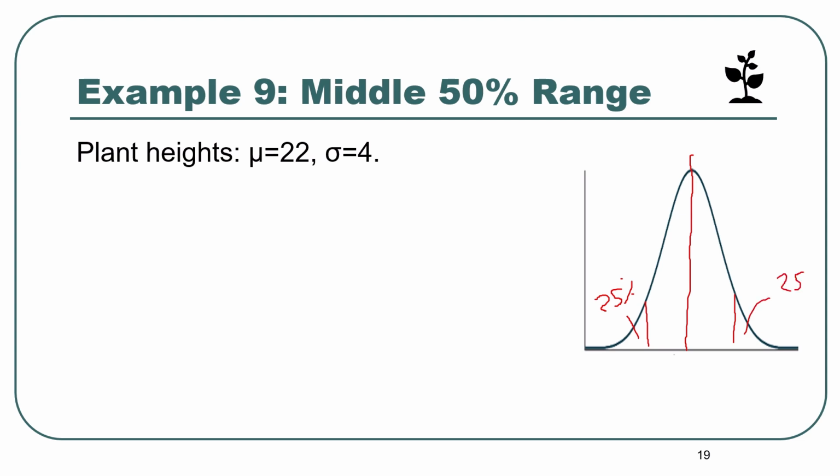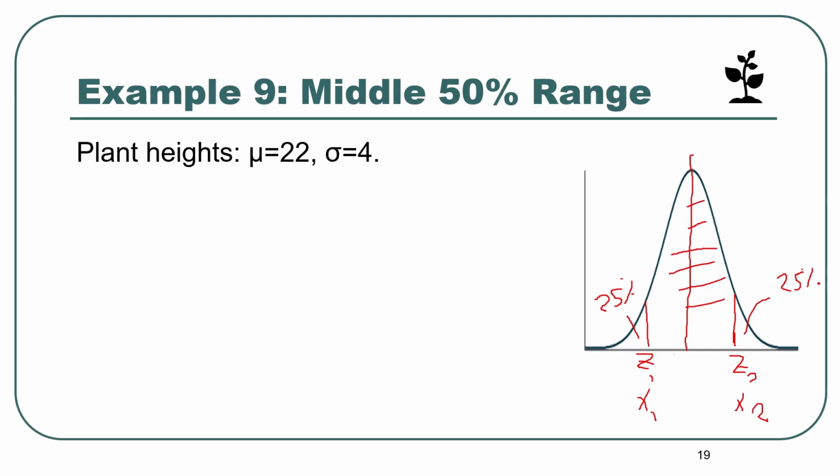If I get rid of these two tiny tails, then my target area would be exactly the middle 50%. So I want to find this z1, let me call it z1, and z2, and when I transform them back to the original scale of the plant heights, it's going to be x1 and x2.